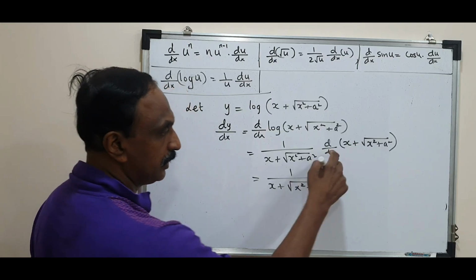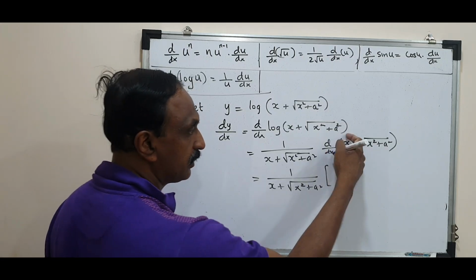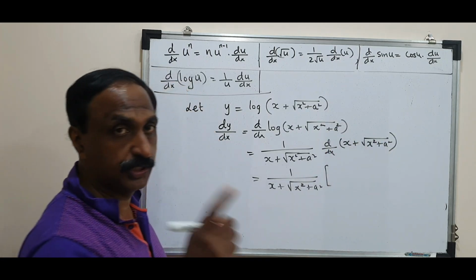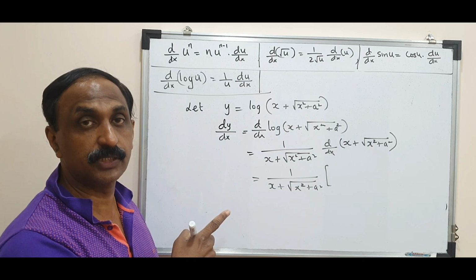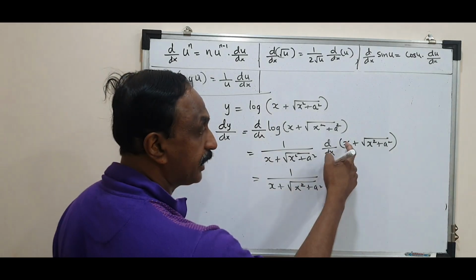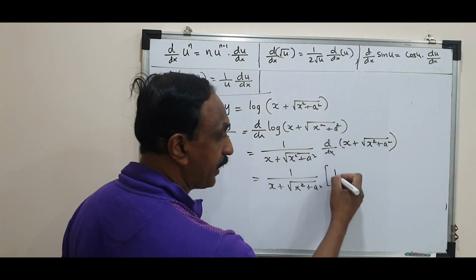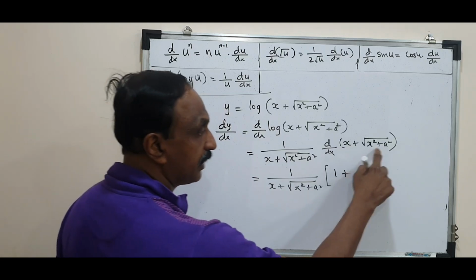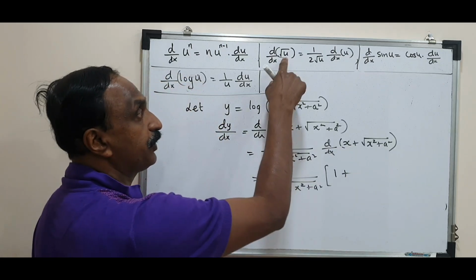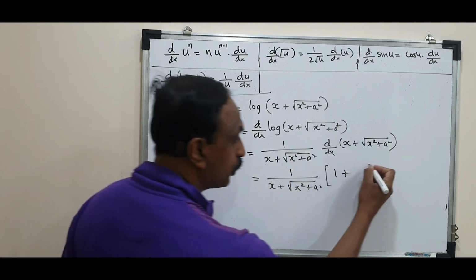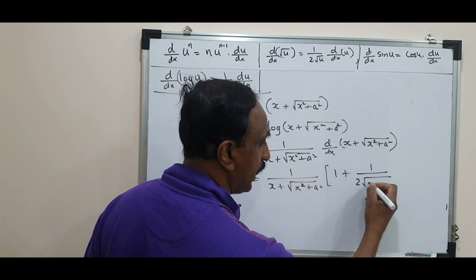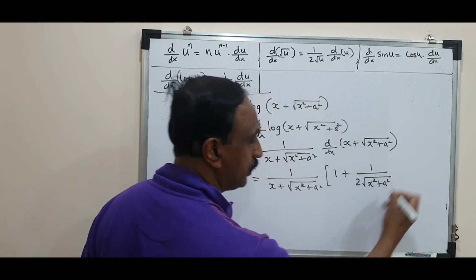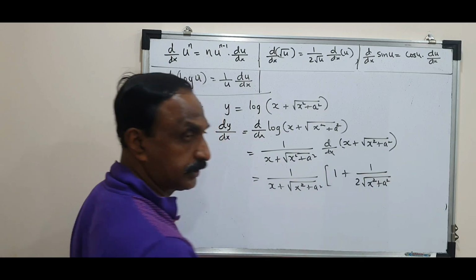Very important. Now each derivative goes inside. I told you this bracket is the most important and most likely mistake for every student. So the bracket will remain as it is. Derivative of x is 1. Derivative of root of x square plus a square is 1 upon 2 root x square plus a square into derivative of what?